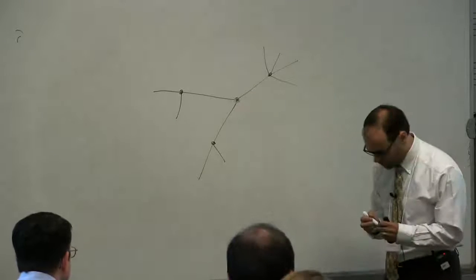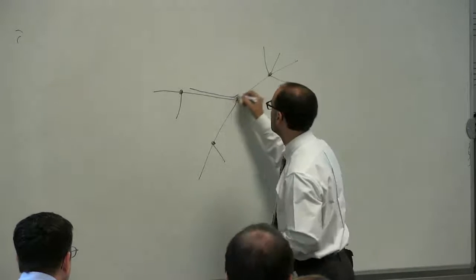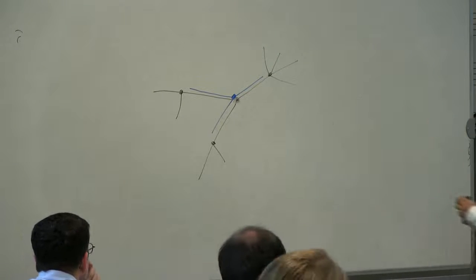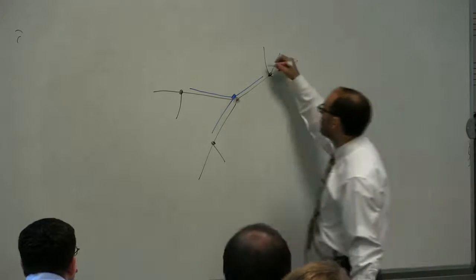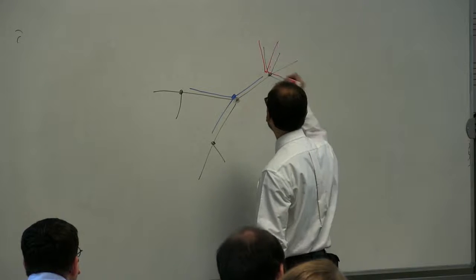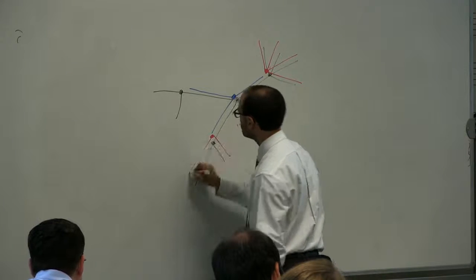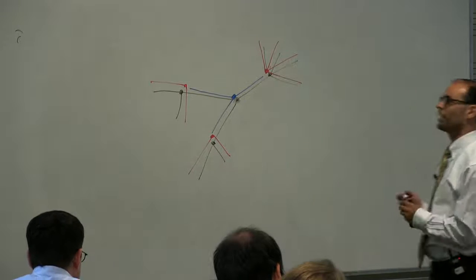First of all, I'm going to take the star. That's the star. And I'm going to get rid of everything that is not in the star. Everything that I'm getting rid of is in red.